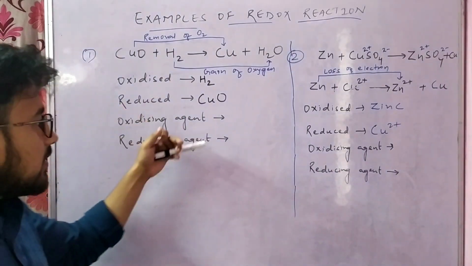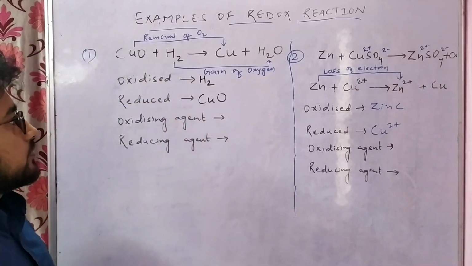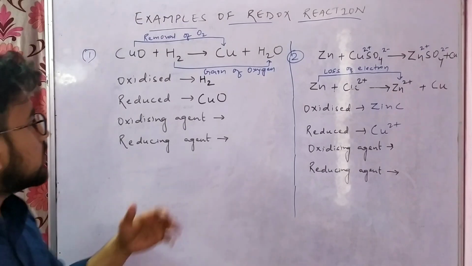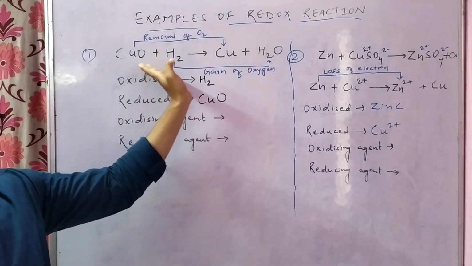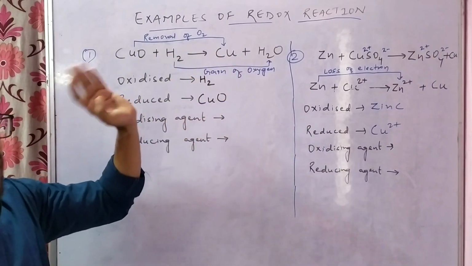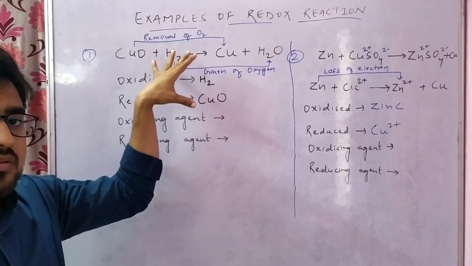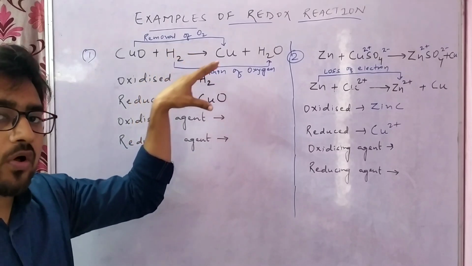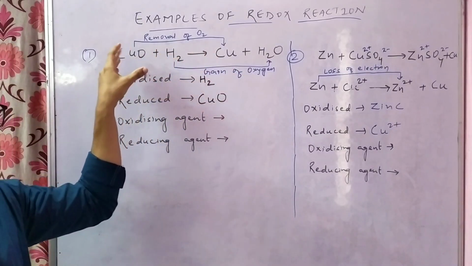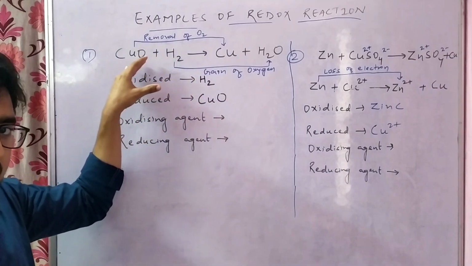Now let's talk about oxidizing agent and reducing agent. So in the above reaction, copper oxide was reduced to copper and hydrogen was oxidized. So how was the hydrogen oxidized? By gaining the oxygen, right? So who is giving oxygen? Copper oxide, right?